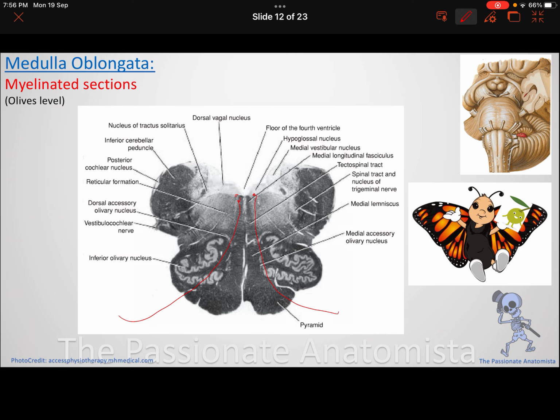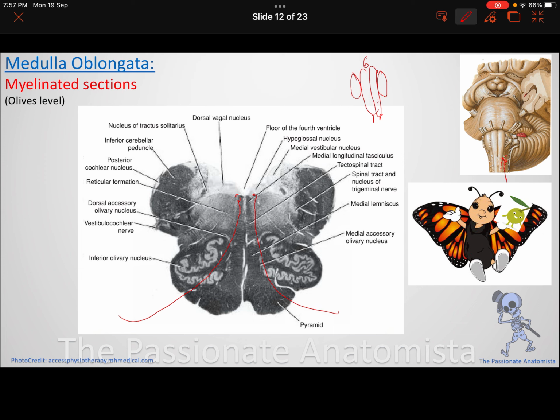Okay, and remember the emergence of your cranial nerves. I think you guys know it already from the cranial nerves video. I can make a cranial nerve video. It's that number 12 is here between the pyramid and the olive. If this is the pyramid, all right, and here is the olives, okay, this is number 6 cranial nerve.